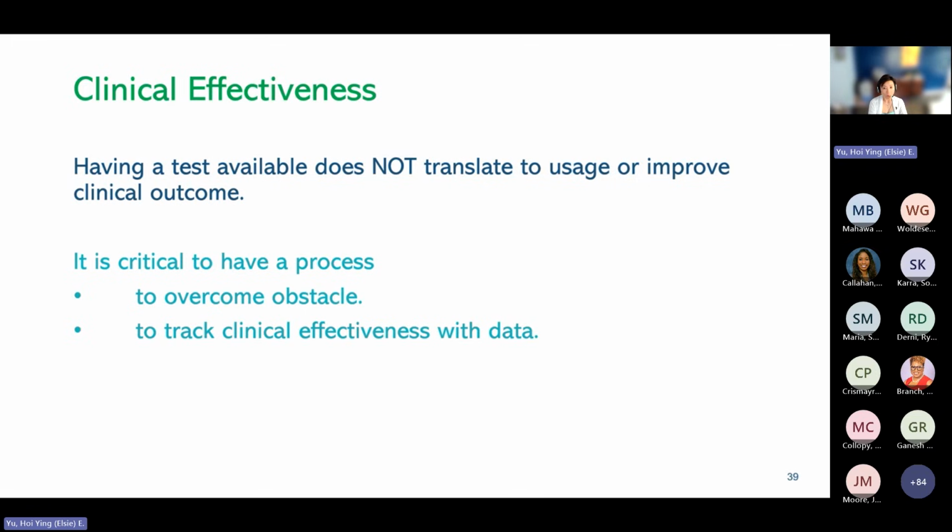So it is really important to have a process in place, and in particular to look to see what obstacles were there and how to overcome them, and also to be able to track the clinical effectiveness with data. I think that really helped our users to see how their effort has played out.